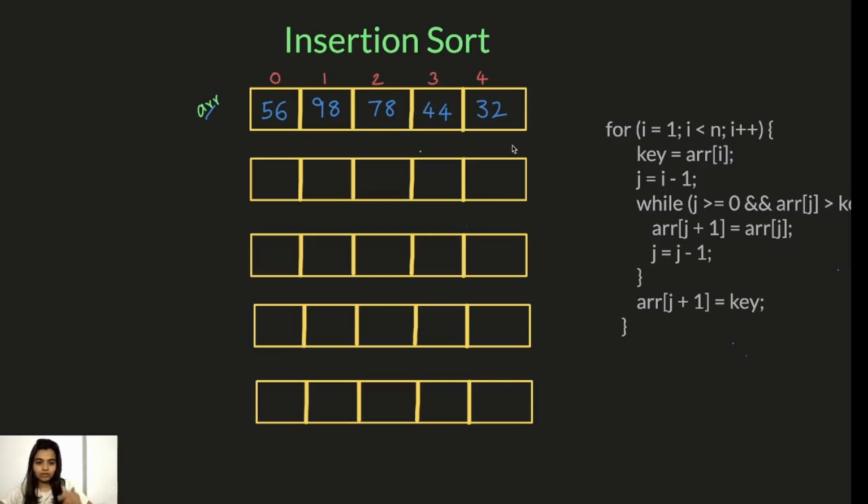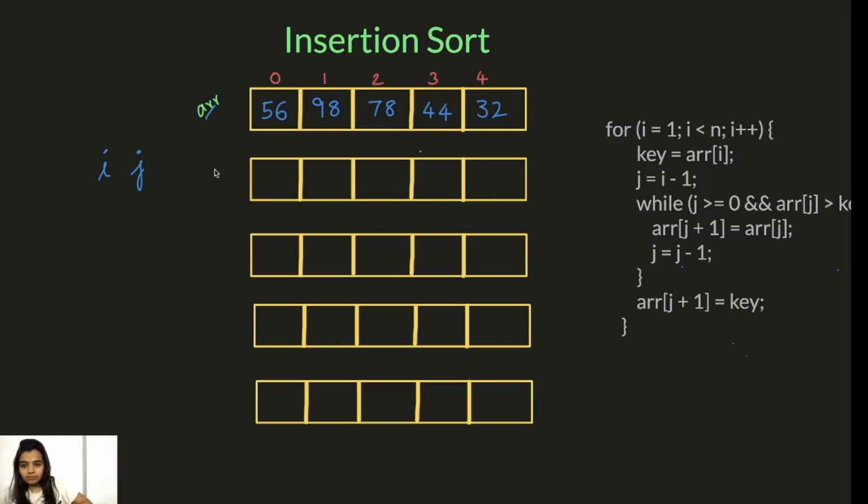Now we'll maintain three variables: i for the first for loop, j for the while loop, and a key. The while loop is just to shift the elements towards the right. Suppose the element is greater than the key, then we keep shifting the element to the right. Since we're going in the leftward direction, we use j minus 1 instead of j plus 1.